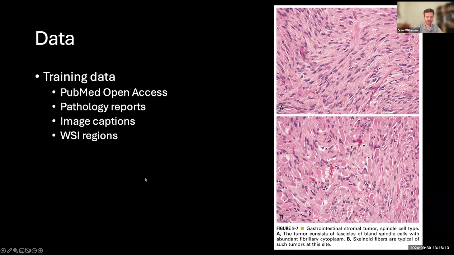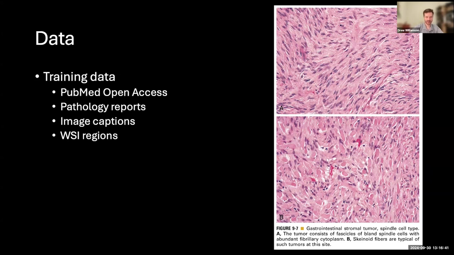And it's interesting for me as a pathologist that I kind of use some of these things to learn pathology myself. And so here's an example from a pathology textbook, which was kind of one of my bread and butter ways of learning pathology. And these textbooks often have one or two images and some caption in language that tells you, the pathology trainee or the medical student, what you're supposed to see or what you're supposed to be looking for in that image.